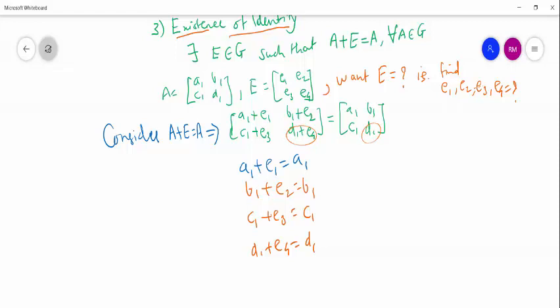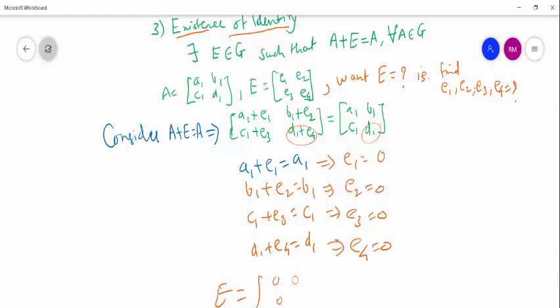So from the first equation we get E1 equal to 0. A1 plus E1 equal to A1 means E1 is equal to A1 minus A1, so that is 0. B1 plus E2 equal to B1 means E2 equal to B1 minus B1, E2 is also 0. Similarly E3 is also 0, and E4 is also 0. So the E matrix is 0, 0, 0, 0.